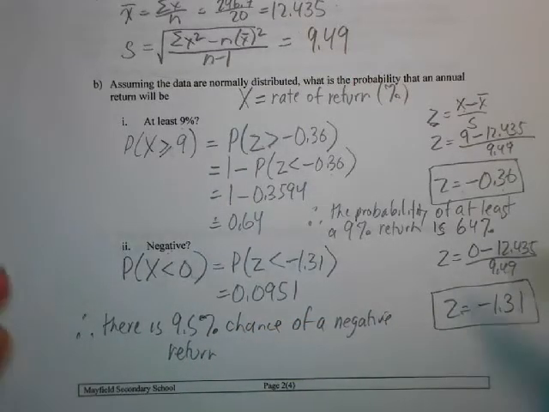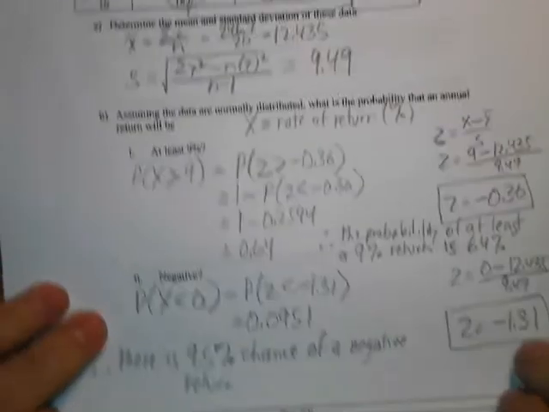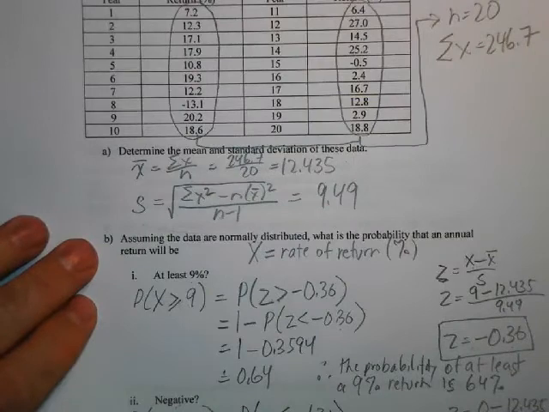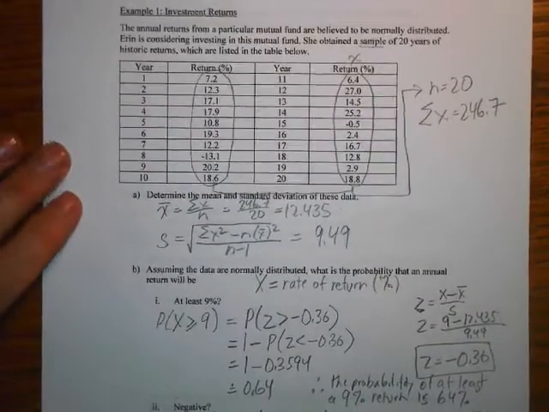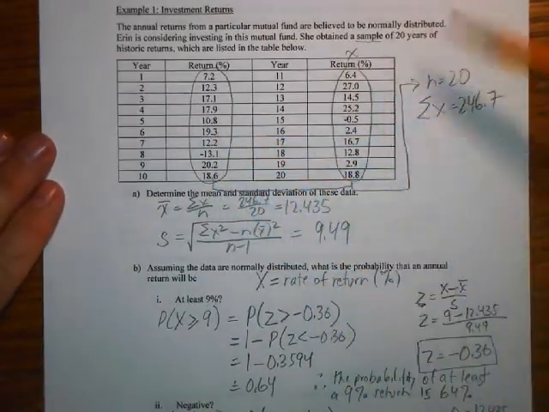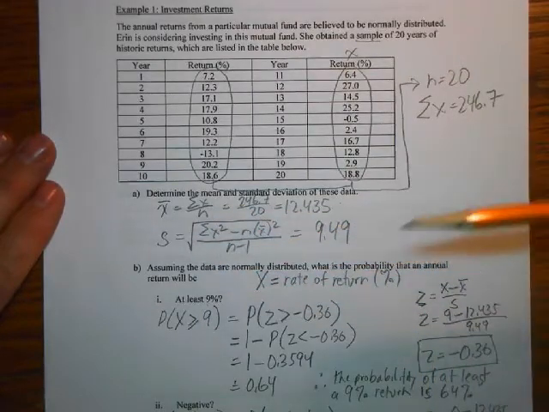Okay, so hopefully that makes sense. We basically took this sample of investment returns, which we were told is normally distributed. We calculated the mean and the standard deviation using the applicable formulas.